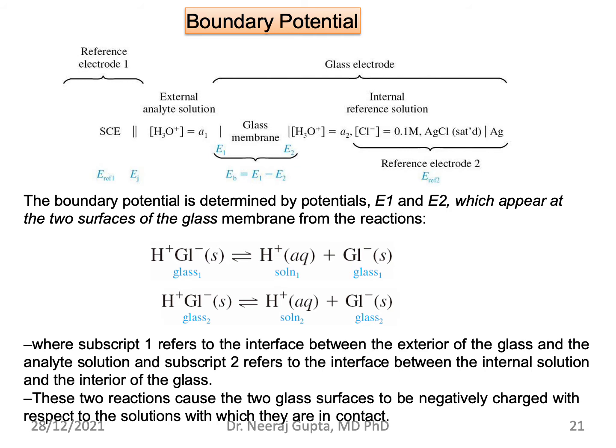The subscript 1 refers to the interface between the exterior of the glass and the analyte solution, and subscript 2 refers to the interface between the internal solution and the interior of the glass. Now these two reactions cause the two glass surfaces to be negatively charged with respect to the solution with which they are in contact.